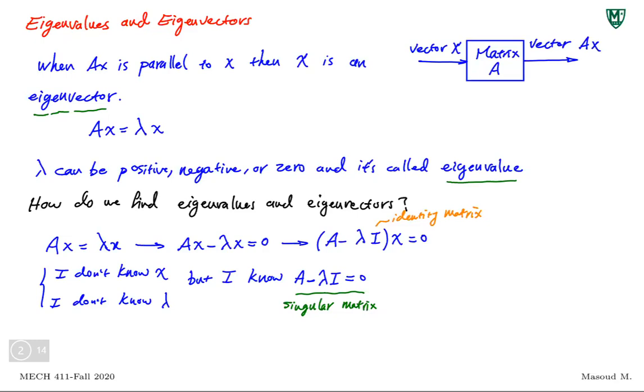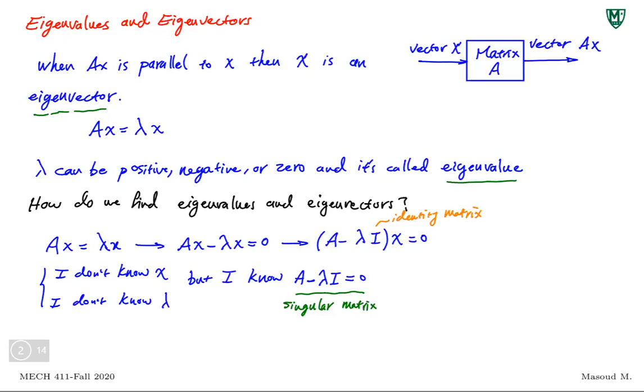What was special about a singular matrix? Do you remember what was something that we cared about, or something that we were aware of? Yeah, it's old knowledge probably. What we know about singular matrices is that their determinant is equal to 0.